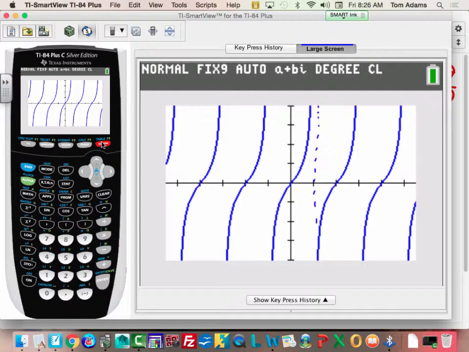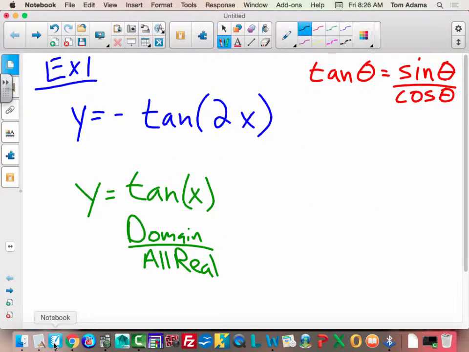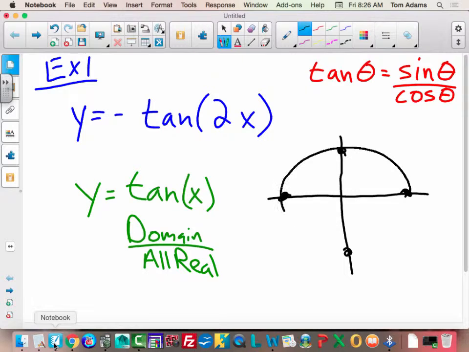Well, let's think this through, okay? On a perfectly drawn unit circle, remember that it's cosine, comma, sine. We always think in terms of x and y, but on the unit circle, it's cosine, sine.